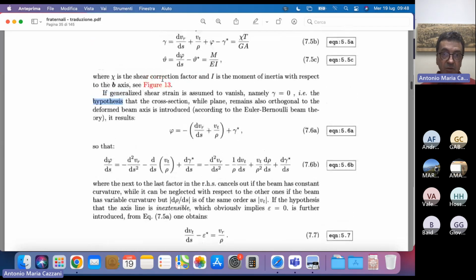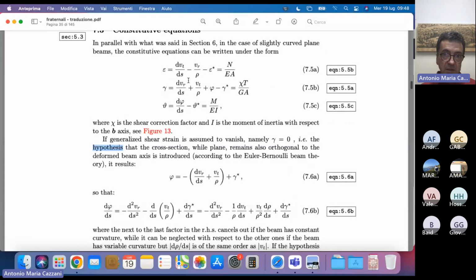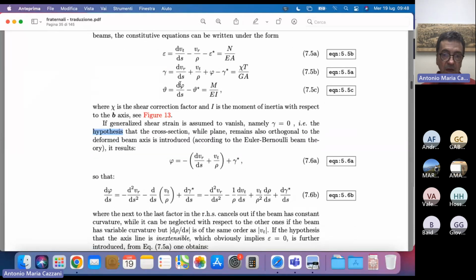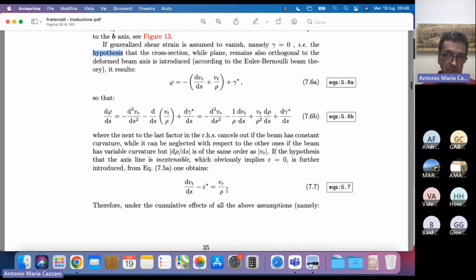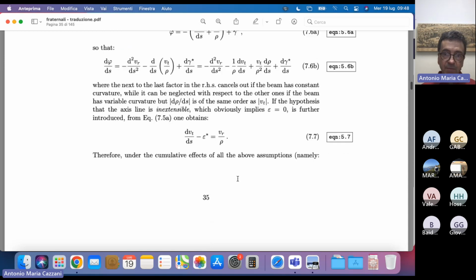In this case, if the axial strain is assumed to be zero, we get that the derivative of this t with respect to the arc length, minus the prescribed axial strain, must be equal to the radial displacement divided by the radius of curvature.